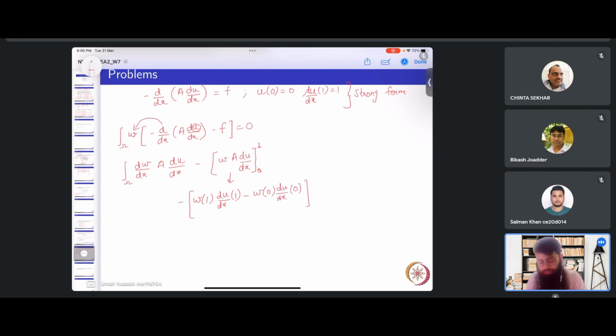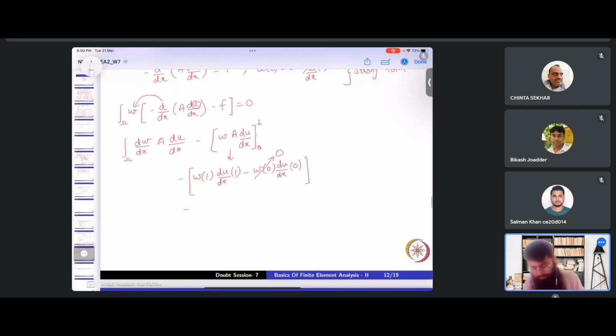Since u is known at 0, w is 0 there, so this term goes to 0. And since du by dx is known at 1, we are left with the value of w at 1 times this known value. We can substitute it directly. So in this sense, our Neumann boundary condition is also incorporated in the weak form. We don't need to separately specify the Neumann boundary condition.